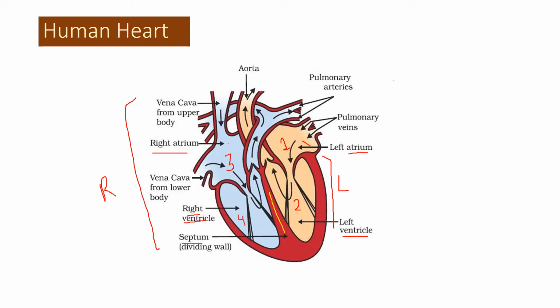In the first and second chamber on the left side, you can see this is the oxygenated blood. On the left-hand side, oxygenated blood is there, and on the right-hand side, this is deoxygenated blood.